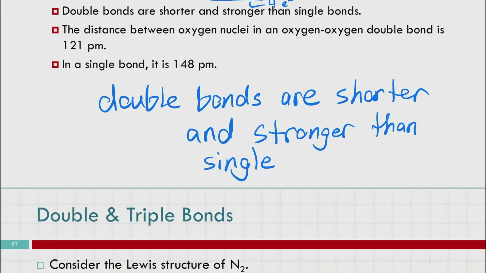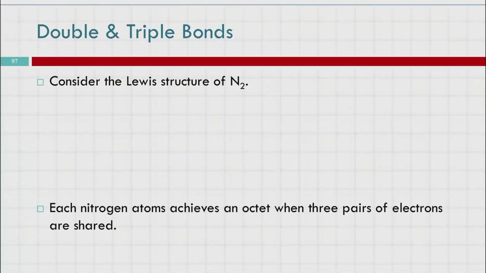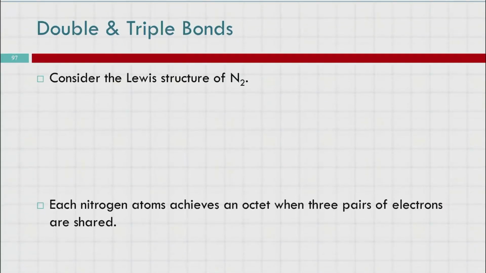Okay, now on to triple bonds. Let's think about N2, nitrogen gas. So nitrogen is in group 15, or 5A. It's going to have five valence electrons.